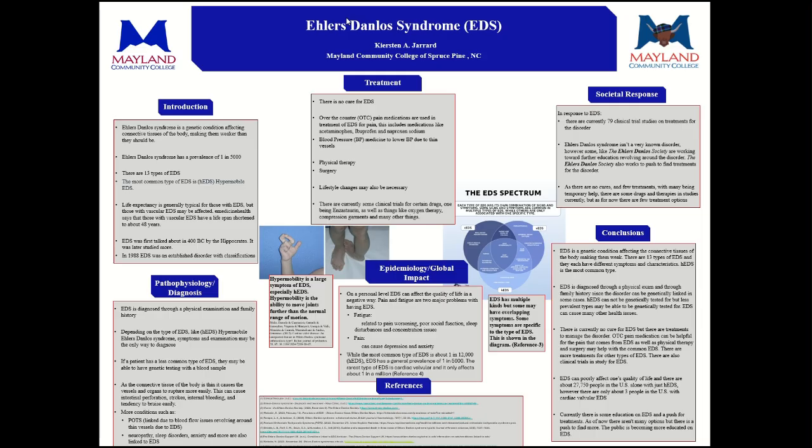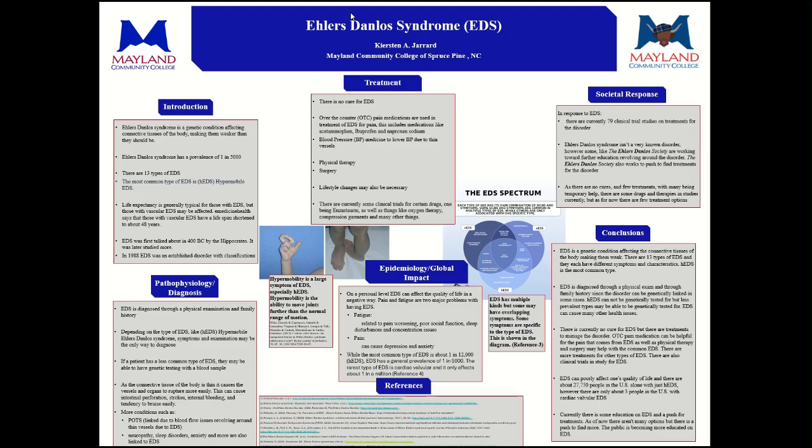Vascular EDS is only prevalent in about 1 in 100,000, as well as cardiac valvular is about 1 in a million. These are just averages of the different ranges, going from the Ehlers Danlos News website. But if you wanted to go back and look at that, it's the 4th reference.